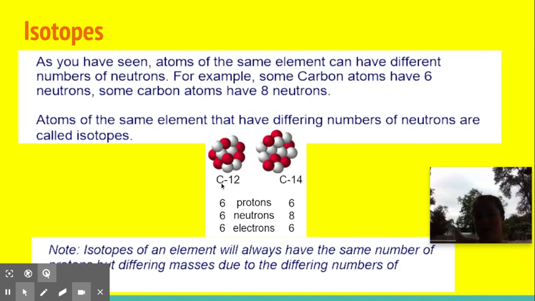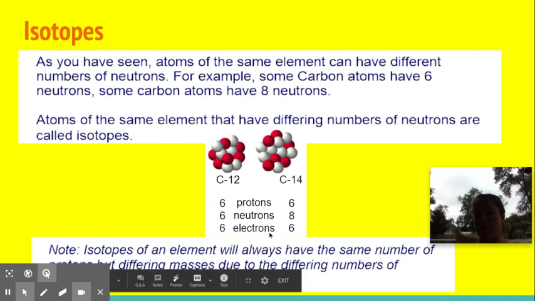For carbon-12, it's saying that we have 6 protons and 6 neutrons. Remember, the only thing that makes up the mass is the protons plus the neutrons. So this is where our carbon-12 comes from. For this carbon-14, we have 6 protons and 8 neutrons. So 6 plus 8 is 14. That's where that number comes from.